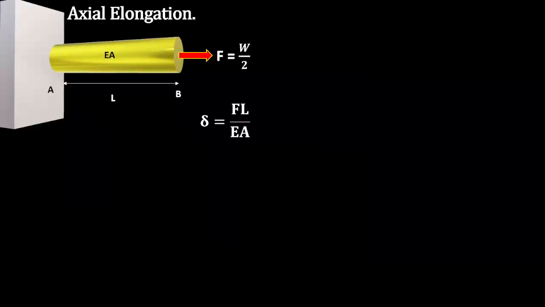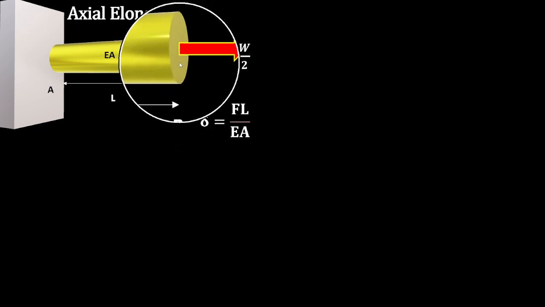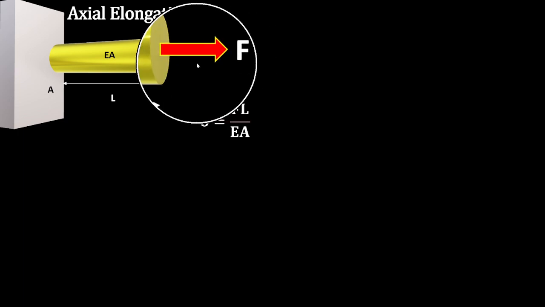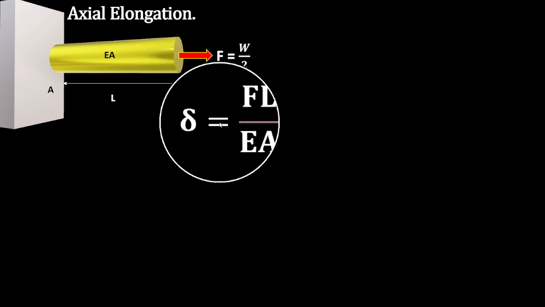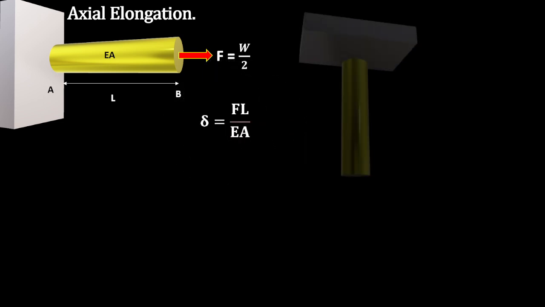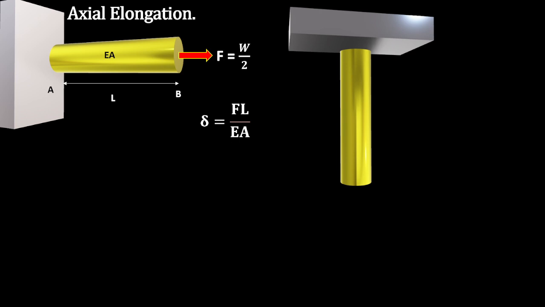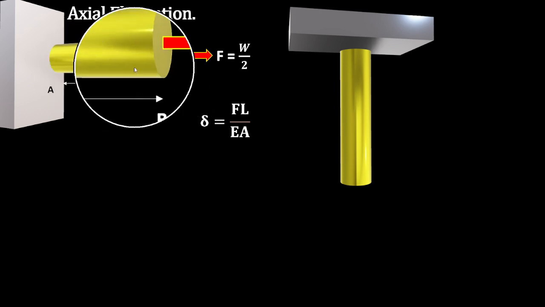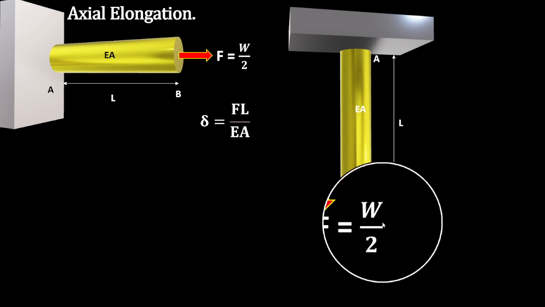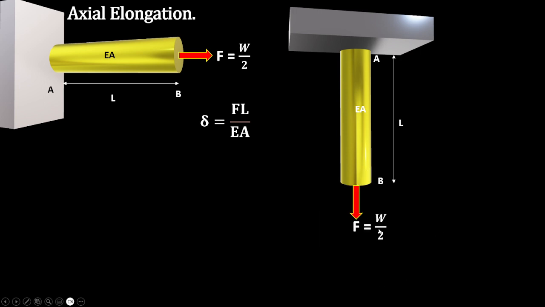We'll discuss it further. Let's flash back to axial deformation or elongation. Consider a circular solid shaft attached to a fixed support, with a force like W over 2 applied. If you remember the axial deformation, the equation is delta equals FL over EA. Let's flip the shaft by 90 degrees and apply the force of W over 2 at the other end.